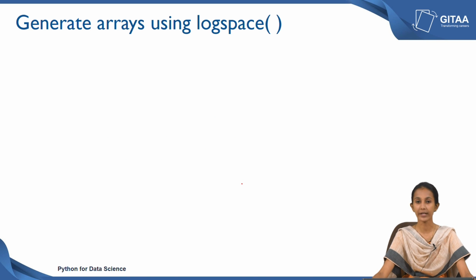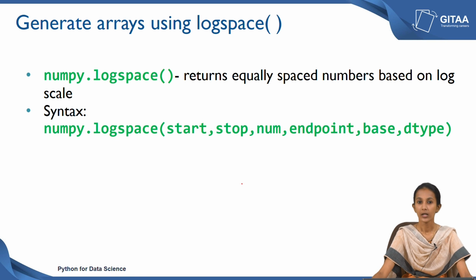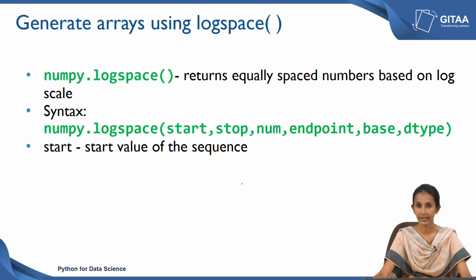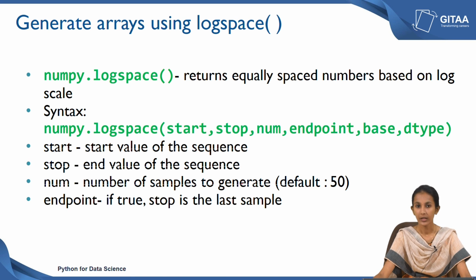Next, if we want to generate arrays using a log space, you can also do that. numpy.logspace returns equally spaced numbers on a log scale based on the values you specify. The command is numpy.logspace: start, the start value of the sequence; stop, the end value; num, the number of samples to be generated, which defaults to 50; and endpoint, which is binary, true or false.